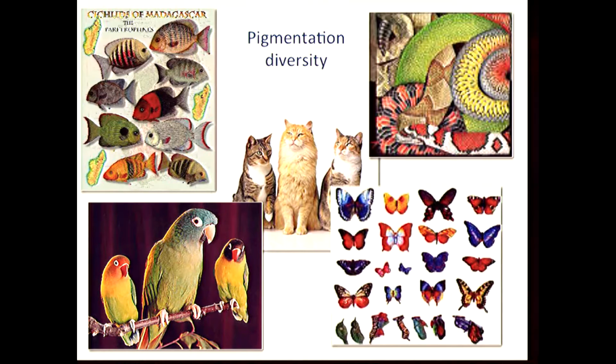So as you can see in this picture, pigmentation is highly variable in many different species. In fact, I would argue that it may be the most variable trait within and among species. We can think about even our own species, right? Skin color is incredibly variable throughout the human population. It's also something that affects the way organisms interact with their world, so it's likely to be subject to natural selection. And it's pretty too, right?